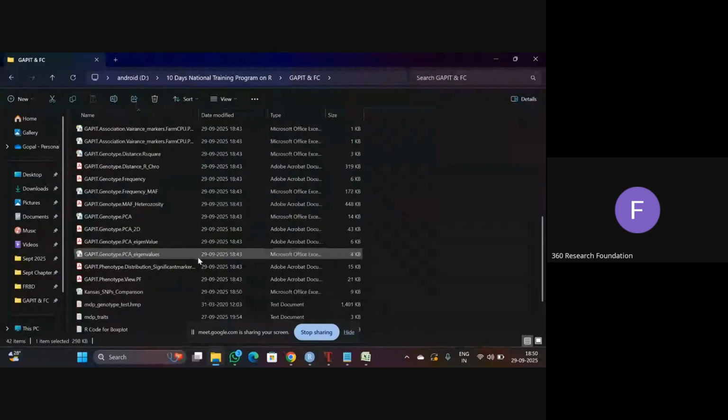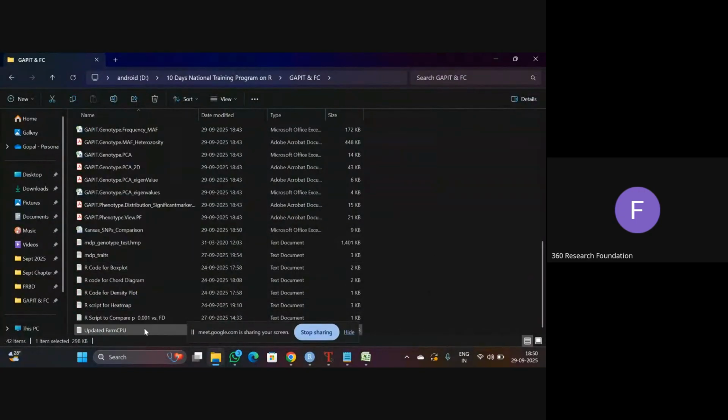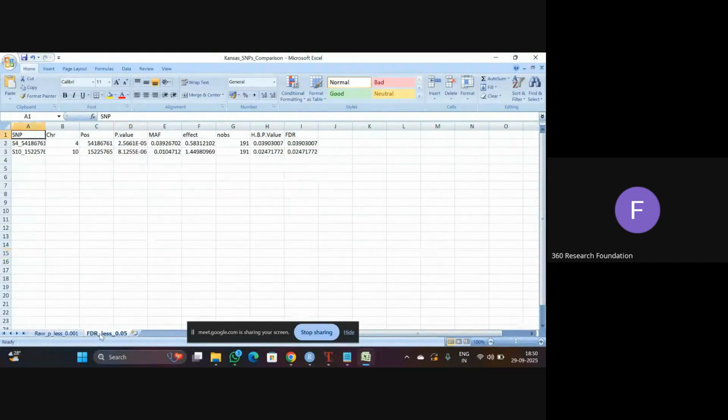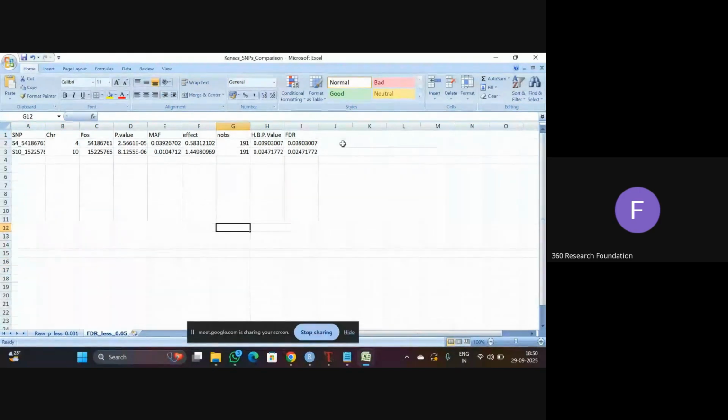The first file has probability value less than 0.001. The second has FDR less than 0.05.